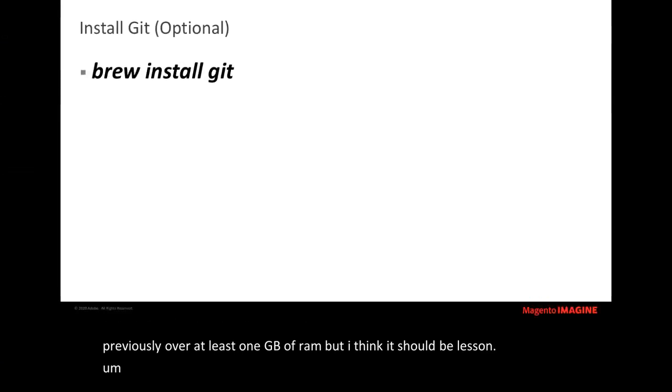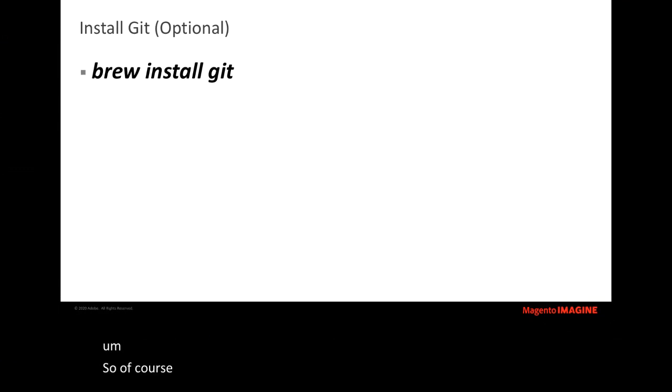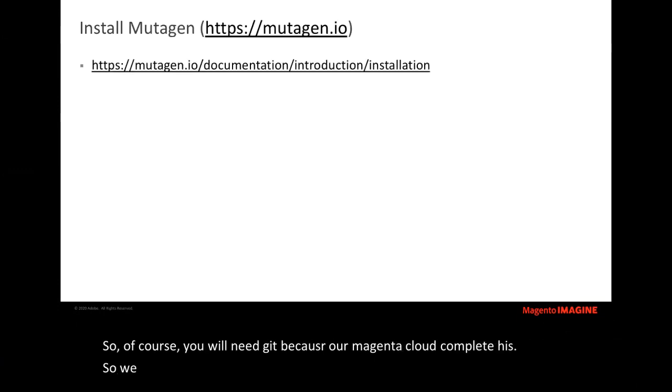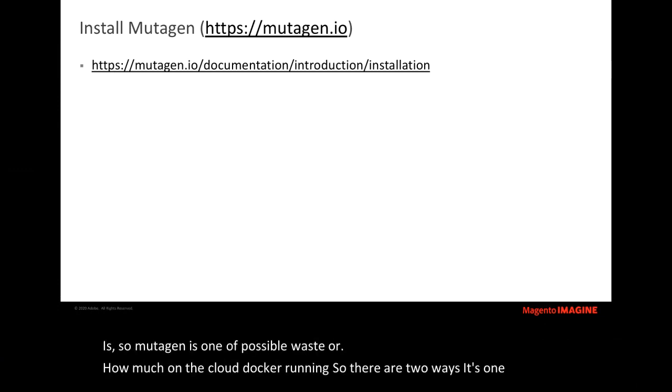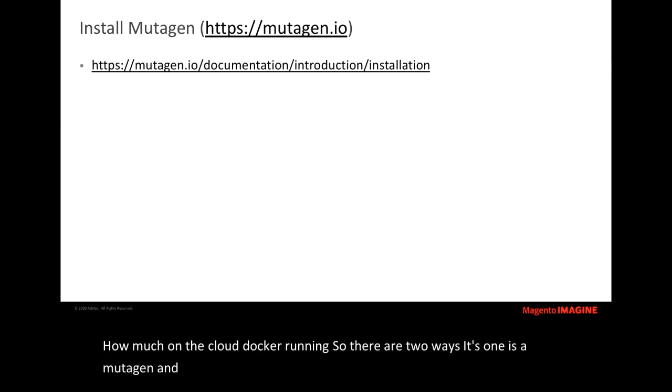Of course, you will need Git because our Magento Cloud template is on GitHub. Mutagen is one of the possible ways to have Magento Cloud Docker running. There are 2 ways: one is Mutagen, and the other one is Docker Sync.